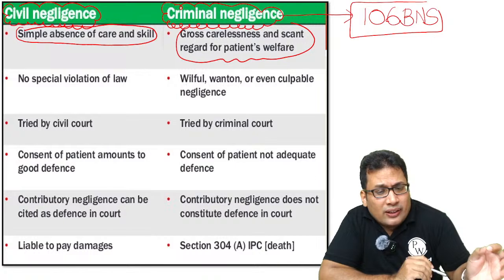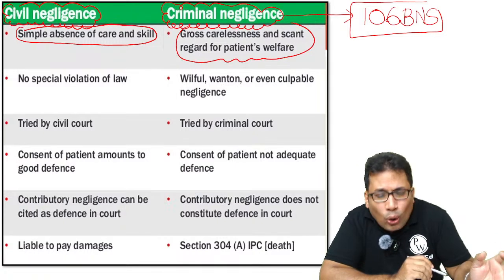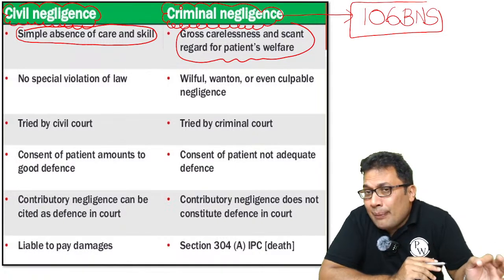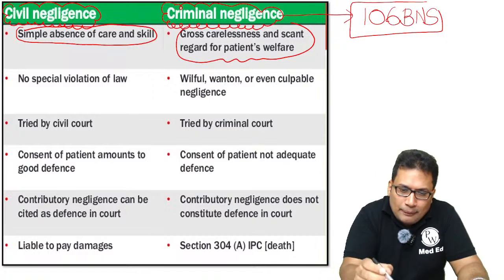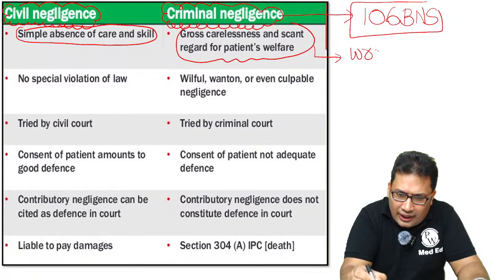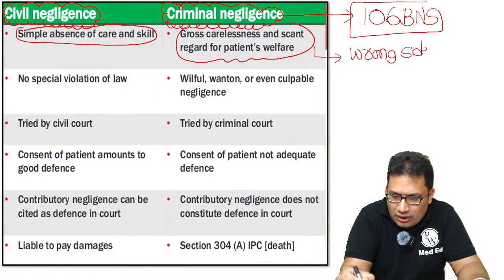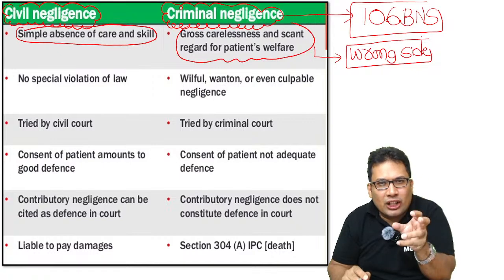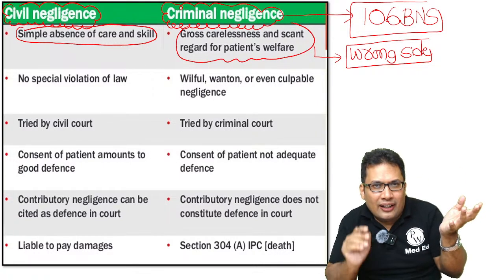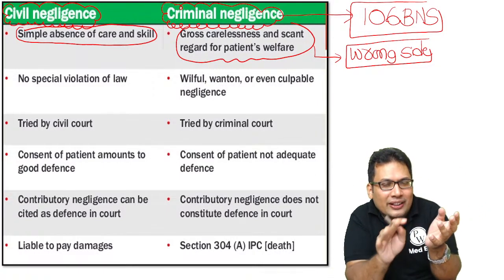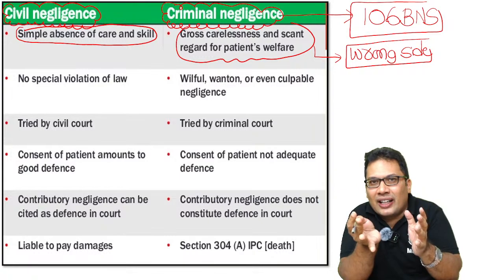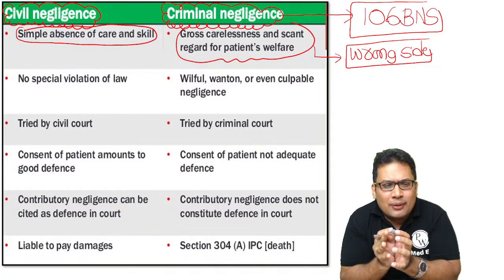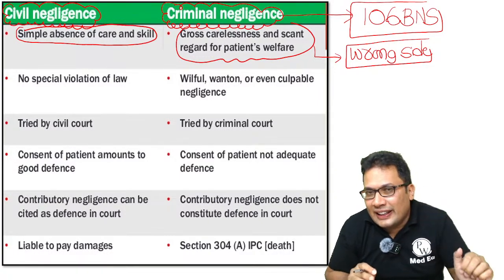Because of the doctor's carelessness, which is very gross in nature, there was damage to the patient. For example, doing an operation on the wrong side. The patient has a tumor on the right side and was operated on the left side by the doctor. That shows the doctor is grossly negligent.